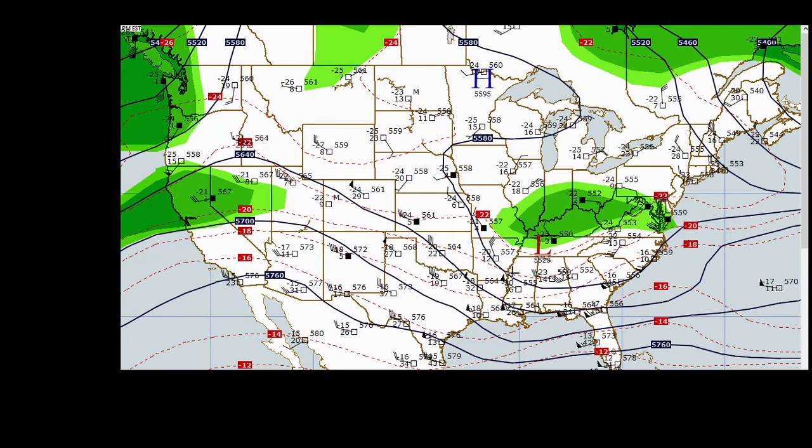This system has weakened a lot, so if you look at the isotherms becoming more parallel with the isobars, these contours of the upper level pressure, that becomes more barotropic, and that just gives you an indication that the system is filling and getting a little weaker. Like I said, last night this was a pretty significant system, a closed low all the way up to 300 millibars. So it's actually opened up even all the way down to the 700 millibar level. Like I said, it's weakened quite a bit.